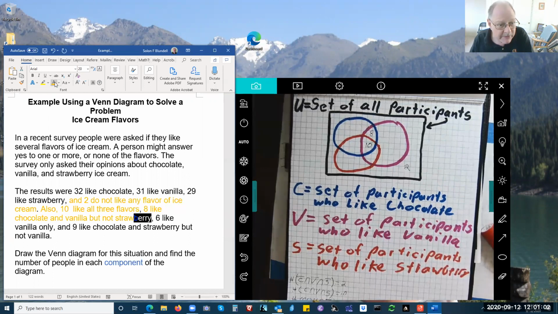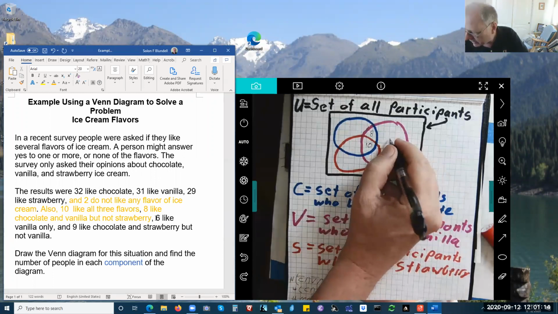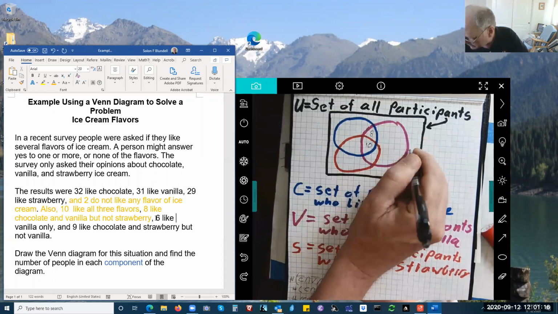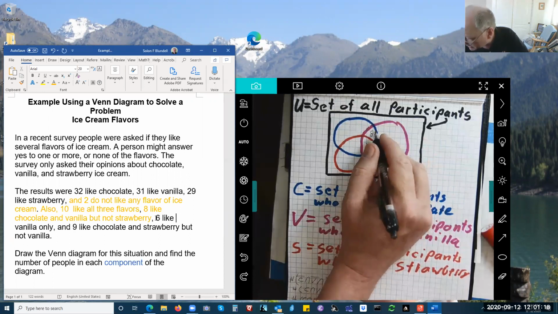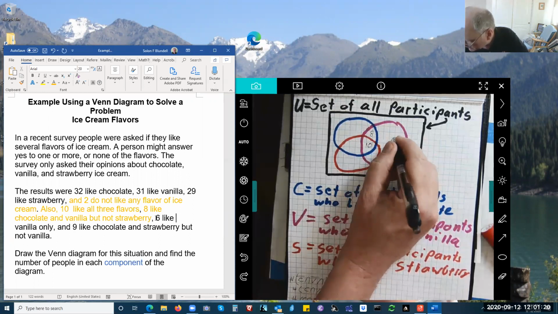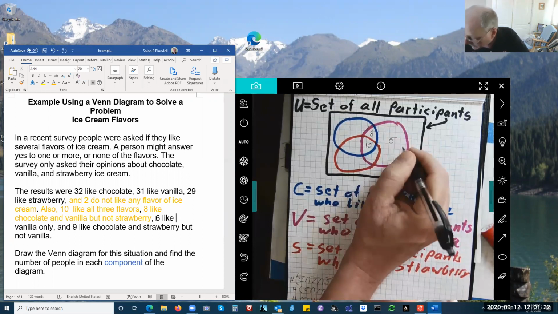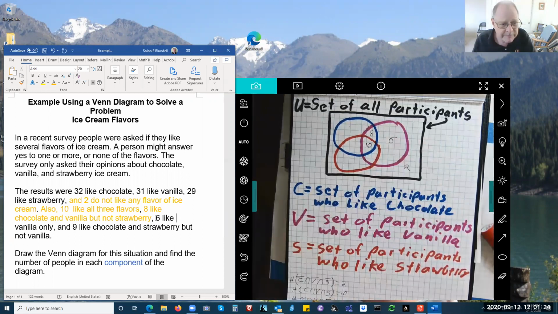So let's see what information remains to be used. 6 like vanilla only. Where's vanilla only? It's inside the pink vanilla circle, but outside the other 2 circles. There's 6.